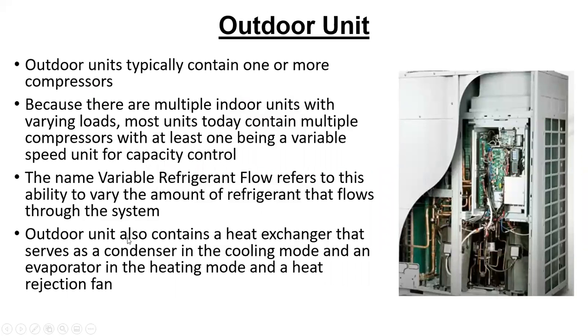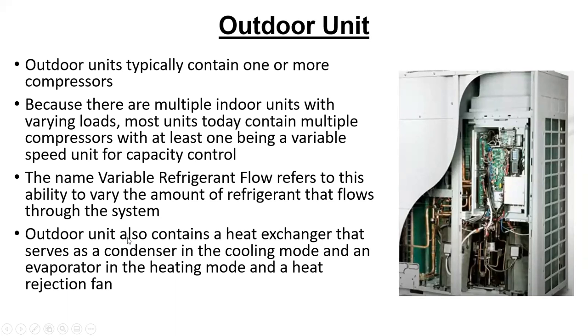Okay, so outdoor units typically contain 1 or more compressors, typically more than 1, because there are multiple indoor units with varying loads. Most units today contain multiple compressors, with at least 1 being a variable speed unit for capacity control. So they'll have a VFD on at least 1 of the compressors, because that's the most efficient way you can modulate the capacity of that compressor.